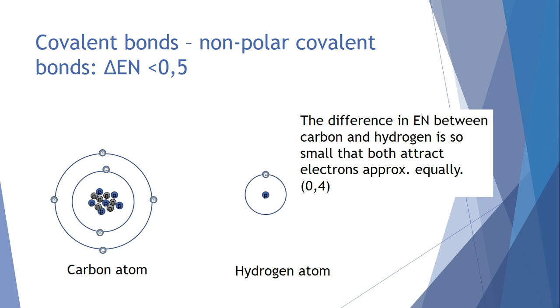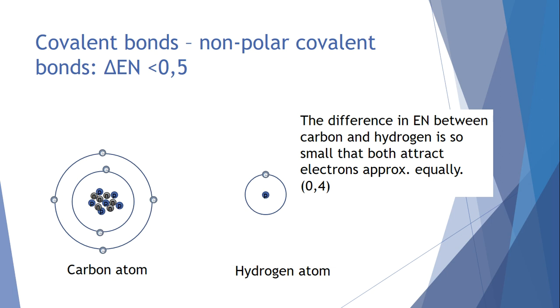Then we can talk about non-polar covalent bonds. When we take the difference in electronegativity and it's lower than 0.5, then it's a very small difference in electronegativity between the 2 atoms. An example of that is the carbon atom and the hydrogen atom.